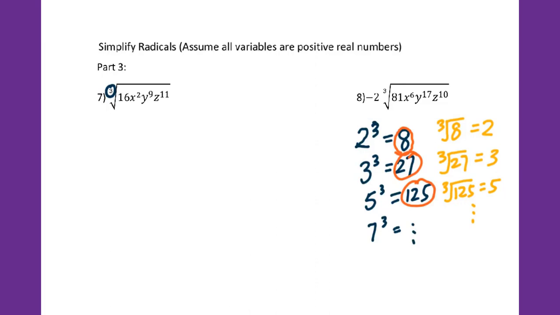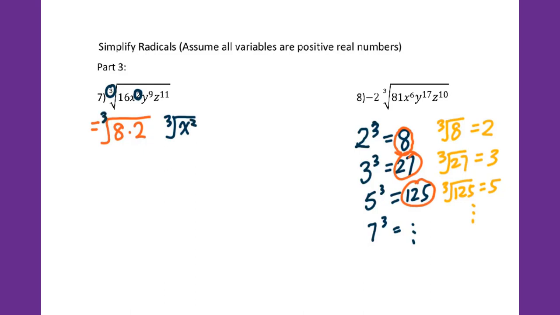For 16, you will say, can I divide it by 8? Yes, so I will do 8 times 2 for 16. For this x squared, since this 2 is less than 3, you cannot take it out, which means the cubic root of x squared stays.